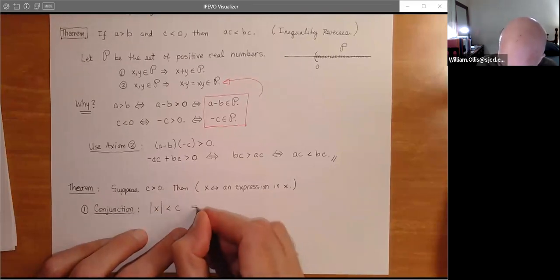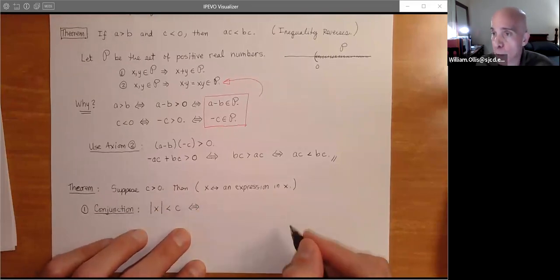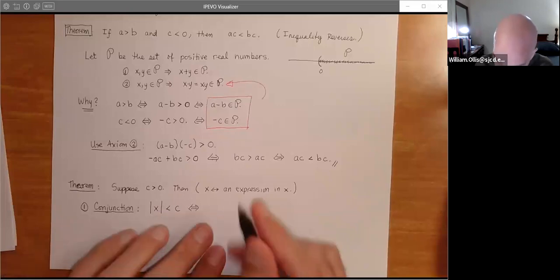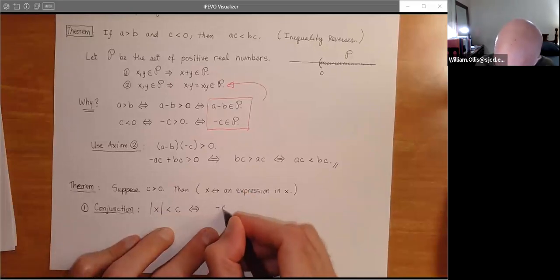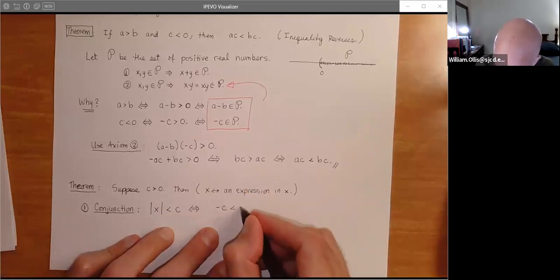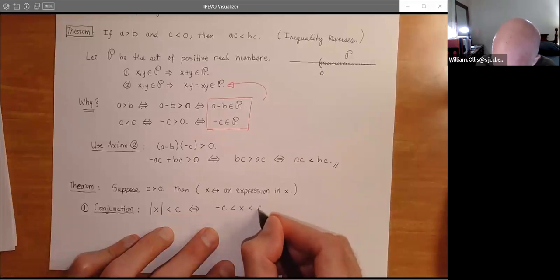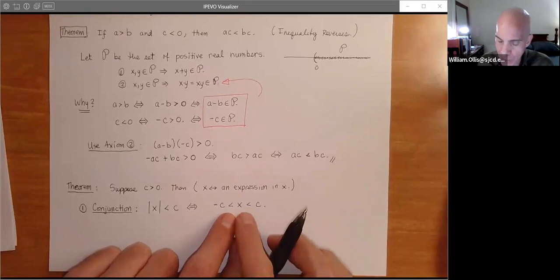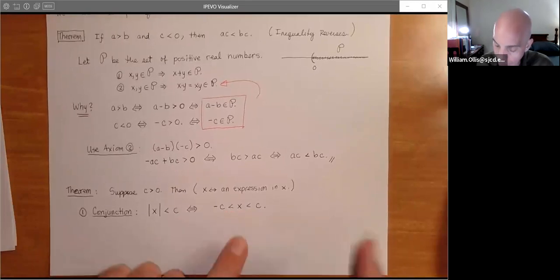Well, when it was equal to, we would have X equals C or X equals the additive inverse of C. When we have the inequality, we get a compound inequality. That is, we get X between the additive inverse of C and C.